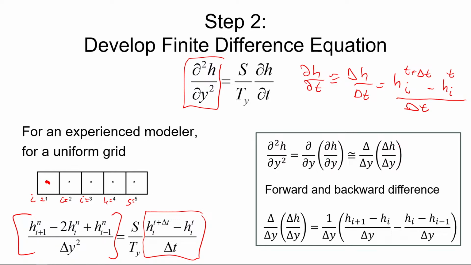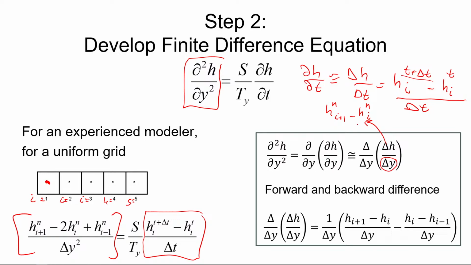So the first derivative would be delta H over delta Y, for example, H at i plus 1 minus H at i, at n here. I will tell you what n is now, and why I didn't use t or delta t.